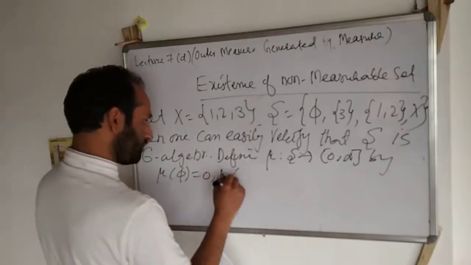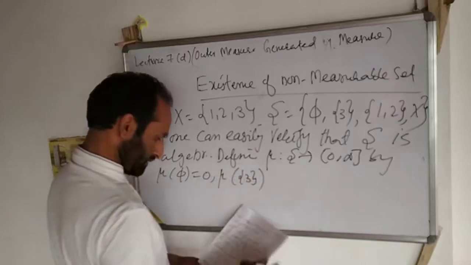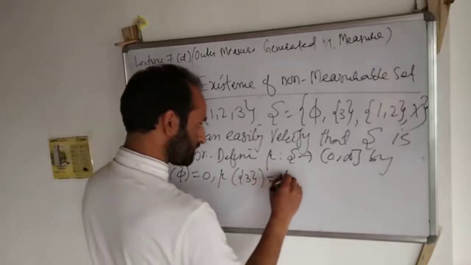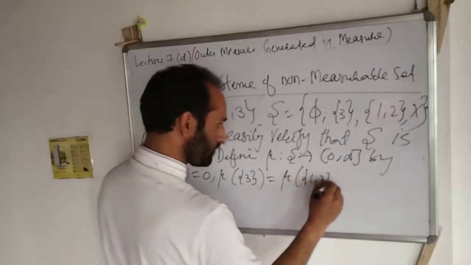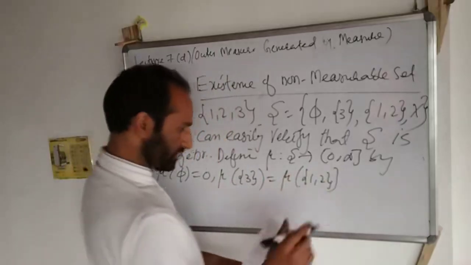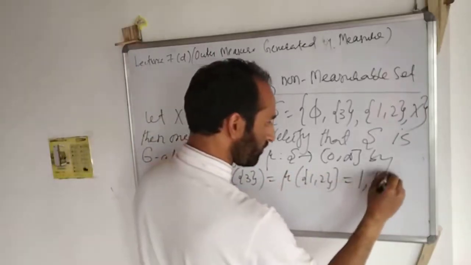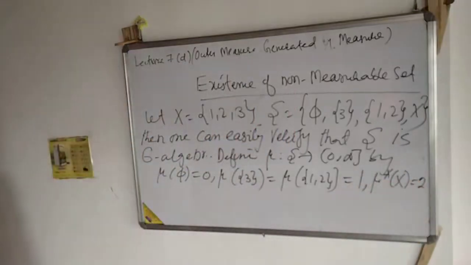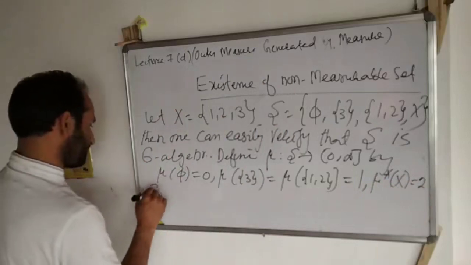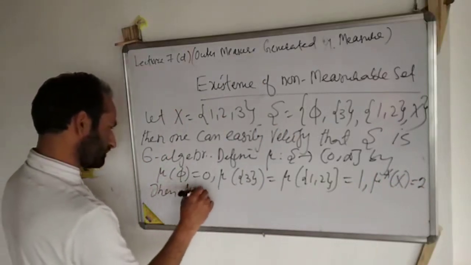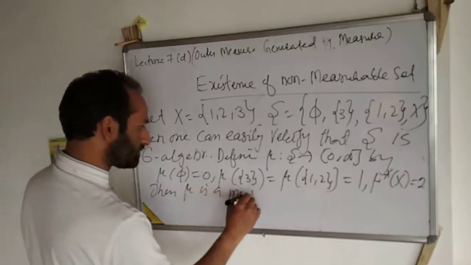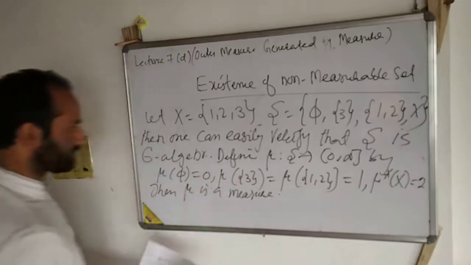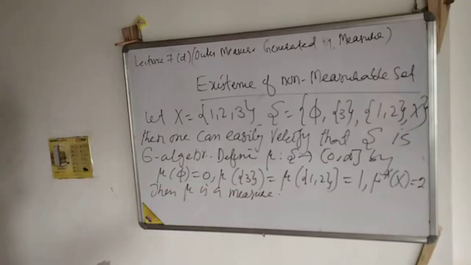And mu of {3}, which is the same as mu of {1, 2}, is equal to 1, and mu of the whole space equal to 2. So you can easily verify that mu is a measure.